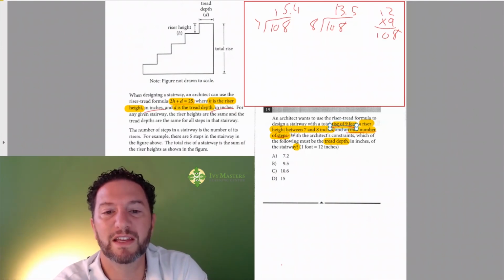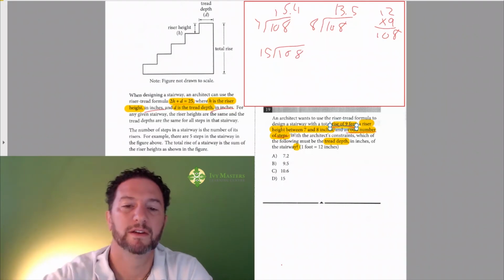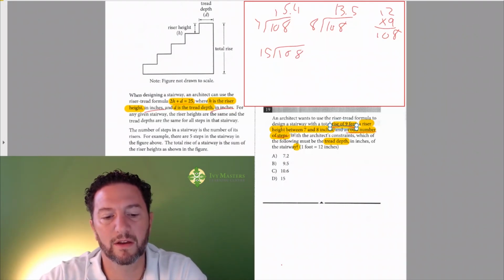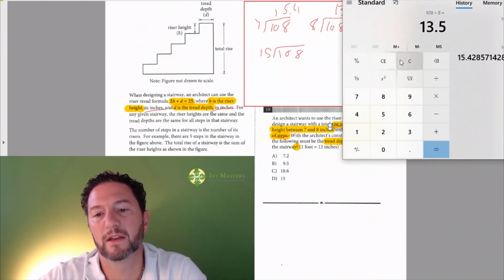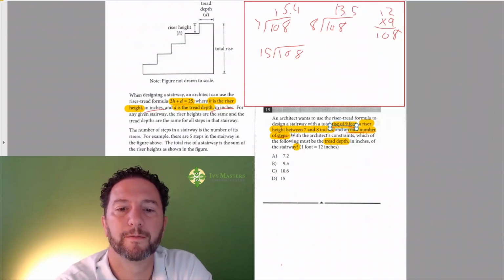Now if there's 15 steps, I could find the definite height of each step by dividing 15 into 108. And so I take my high-tech calculator over here, and I do that. 108 divided by 15, and 7.2 is the actual height of each step.